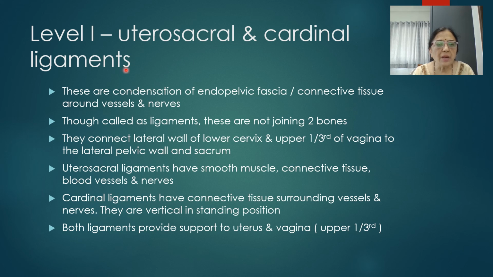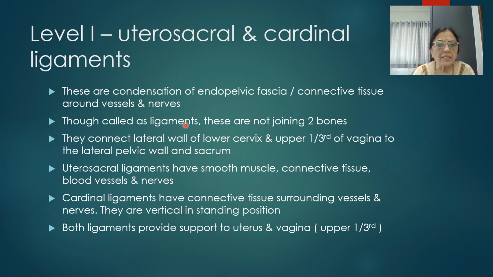These ligaments are nothing but the condensation of endopelvic fascia or connective tissue, which is surrounding the vessels and nerves passing in that region. So, perivascular, vascular and neuronal tissue, or condensation of loose areolar tissue, leads to the development of these ligaments.